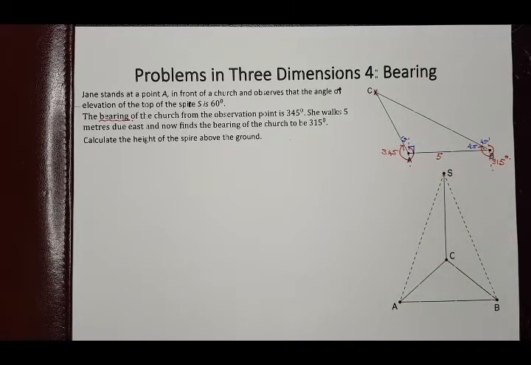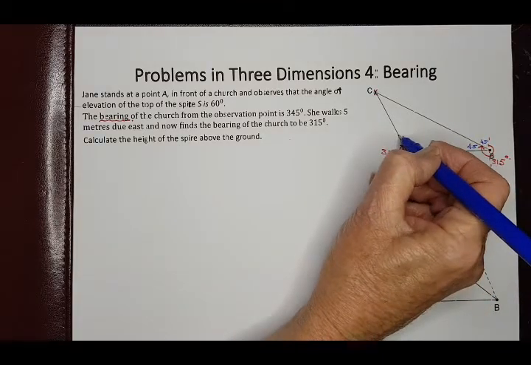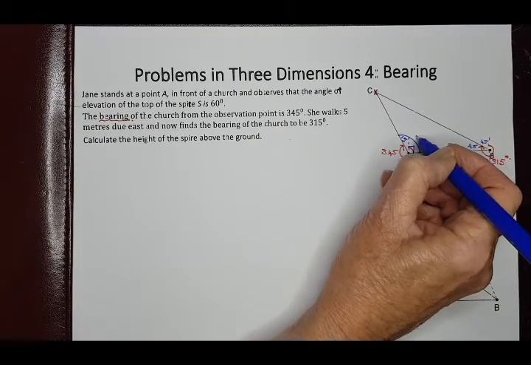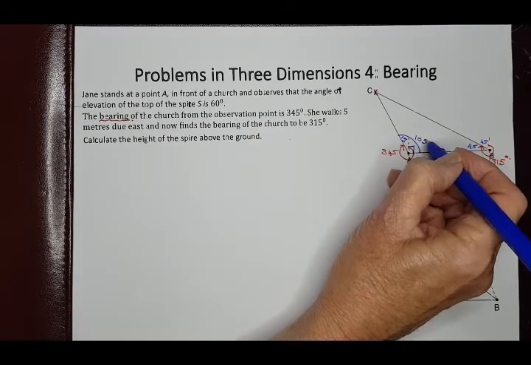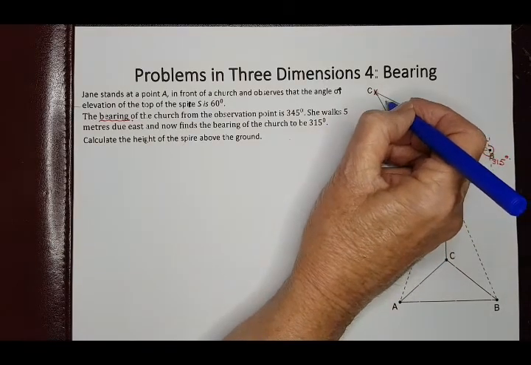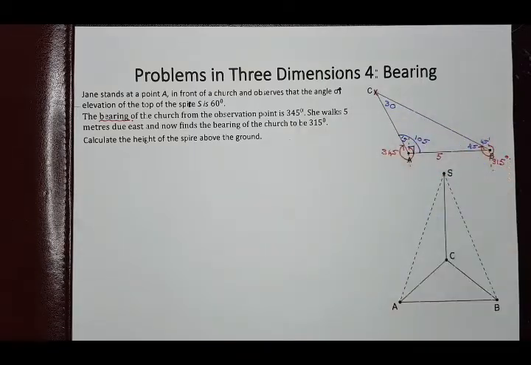So if I take 15 and add 90 degrees to it, this entire angle here is going to be 105 degrees. So 105 degrees plus 45, subtract that from 180 degrees, the three angles of a triangle, I know that this angle over here must be 30.